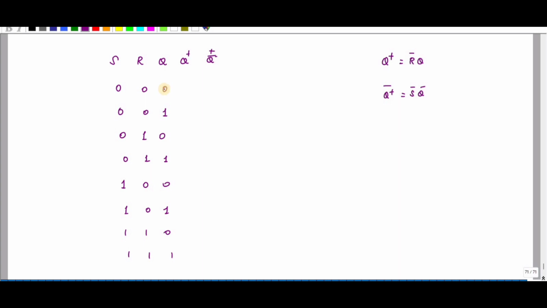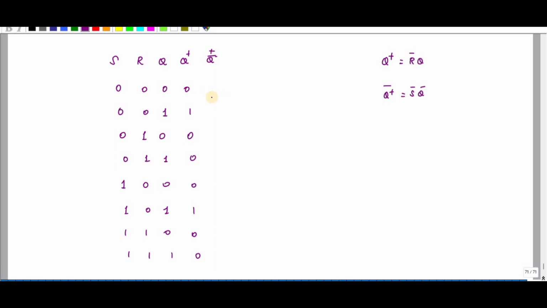So when Q is 0, I will get Q plus as 0. Okay, so whenever the Q is 0, the Q plus is 0, right? So whenever R bar is 1, R is 1, Q plus is 0, right? So 1 into 1, for the rest of the value it is 1. Okay, for Q plus, Q plus the whole bar.